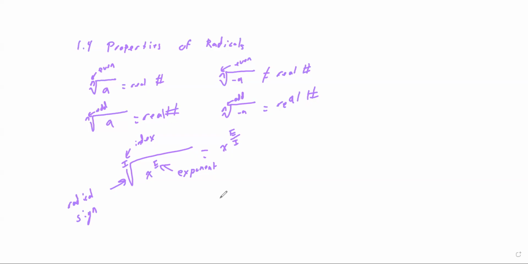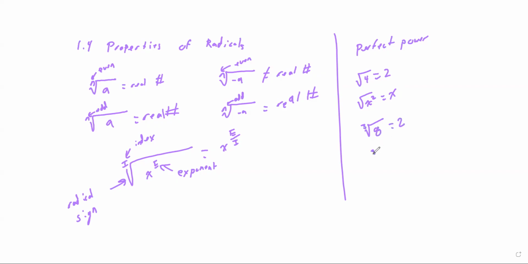When it talks about perfect powers, it just means that it goes into it evenly. So like the square root of 4 is 2. The square root of x squared is just x, and the radical goes away. Same thing if I got the cube root of 8, that's 2, and the cube root of x cubed, that's x.